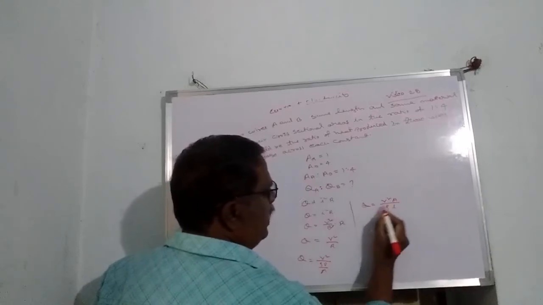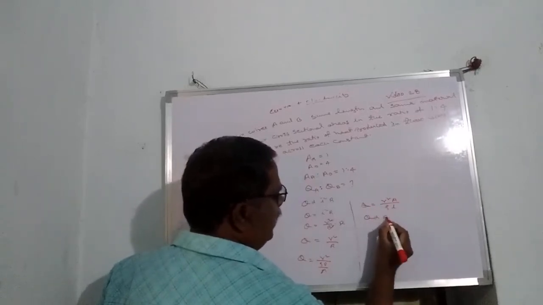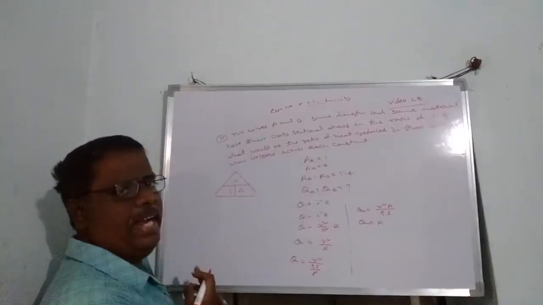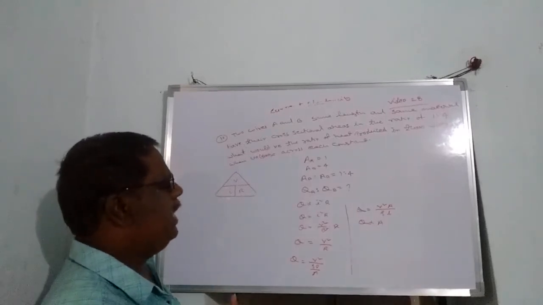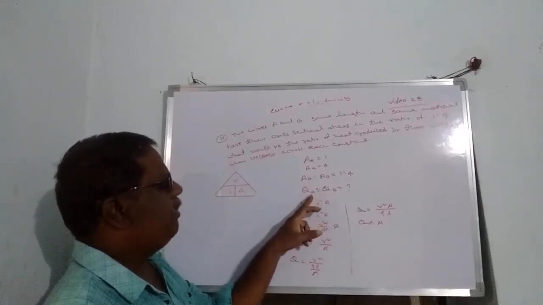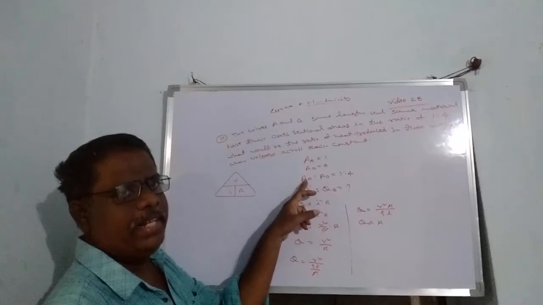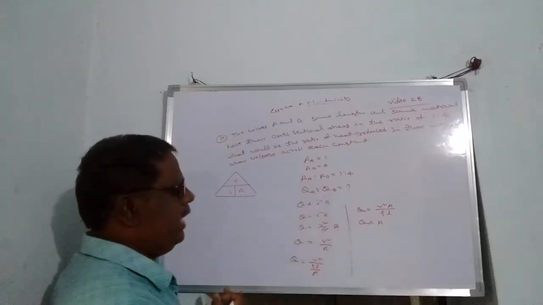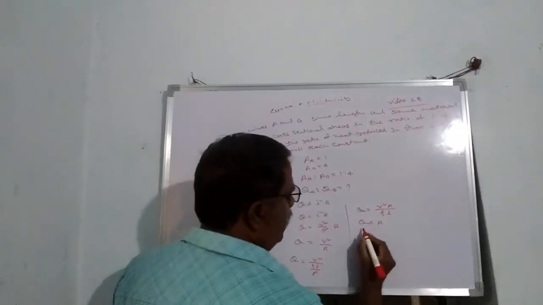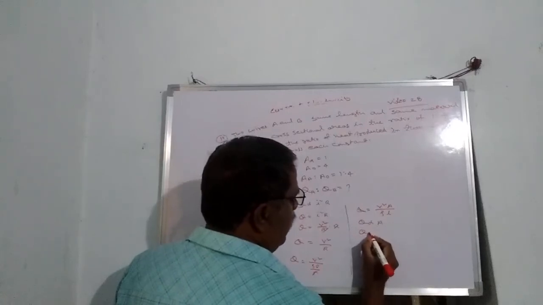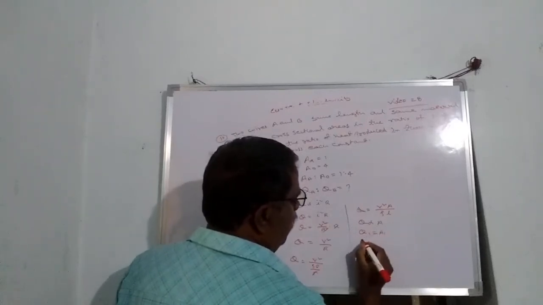That means the quantity of heat and the cross-sectional area are directly proportional. So our relation is between the quantity of heat and the cross-sectional area. Here Q is directly proportional to A, or Q1 by A1 is equal to Q2 by A2.